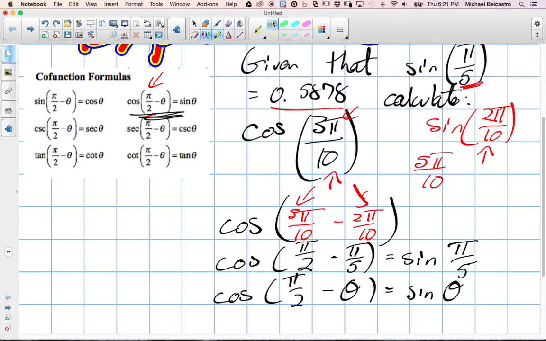What we did here is, once we got our equivalent pi over 2's and those two are the same, we know that this other value must be our theta value. If that's our theta value, an equivalent expression would replace that theta on the right, where sine theta is. In this case, we have sine pi over 5.